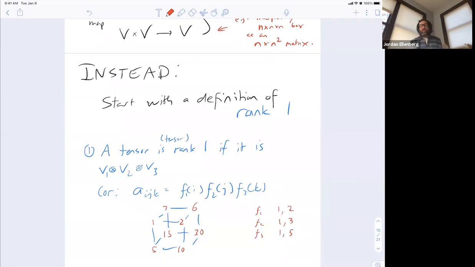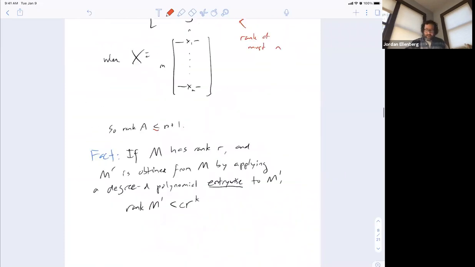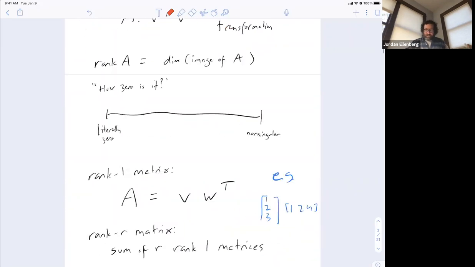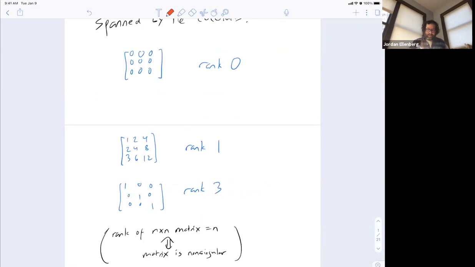I hope people can see that this cubey thing I've drawn has a right to be considered a 3-dimensional analog of my rank 1 matrix that I wrote down, where I specify a function on the rows and a function on the columns, and then the entry is the product of those two numbers.